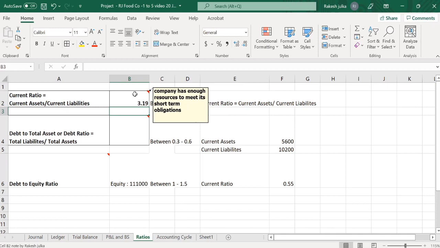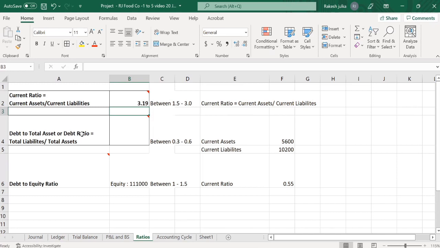So what does it mean? It shows that the company has enough resources to meet its short-term obligations. This is the interpretation of the current ratio. The second ratio we have is the debt to total assets ratio, also known as the debt ratio.